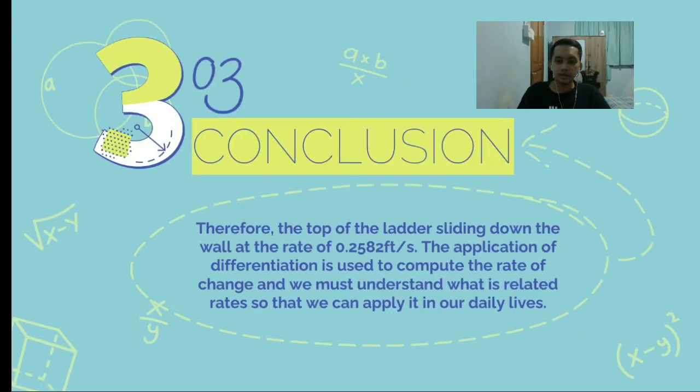Conclusion. Therefore, the top of the ladder is sliding down the wall at the rate of 0.2582 feet per second. The application of differentiation is used to compute all the rates of change, and we must understand what related rates are so that we can apply it in our daily lives.